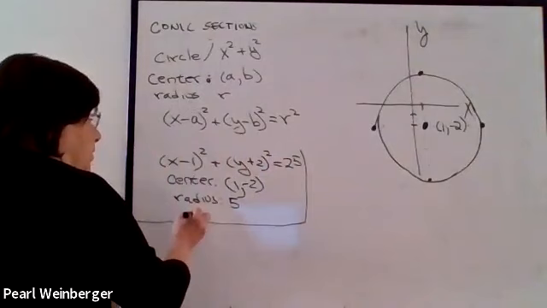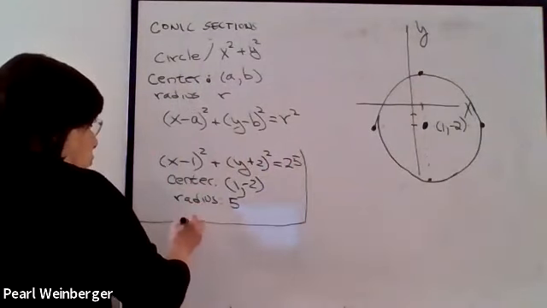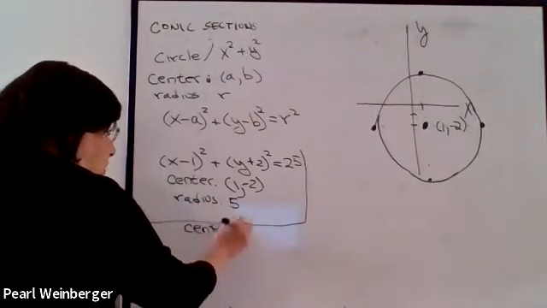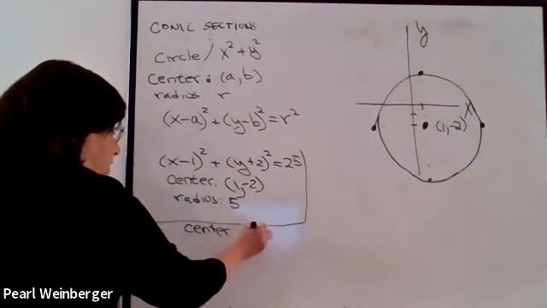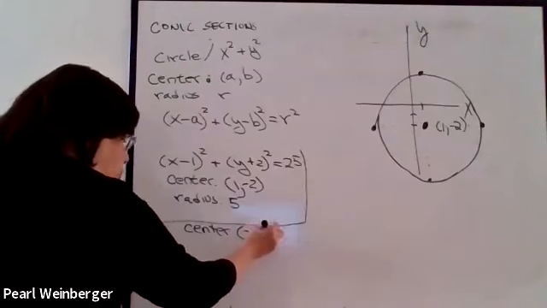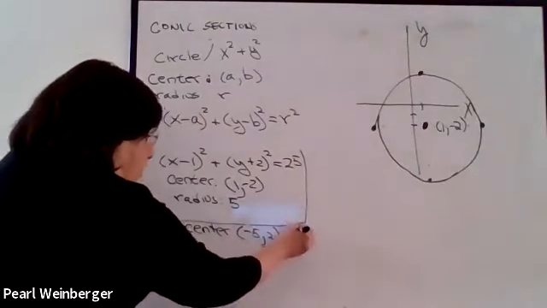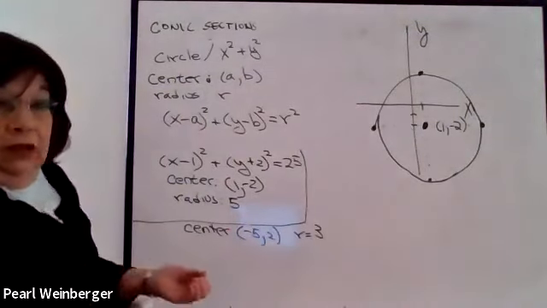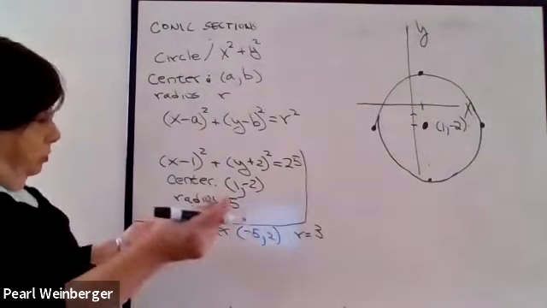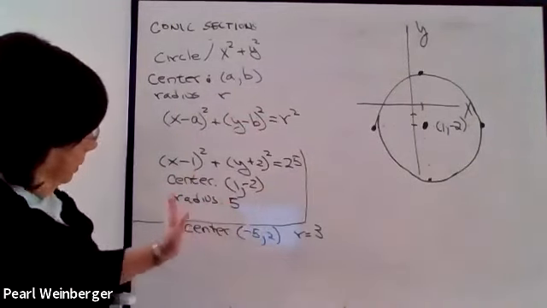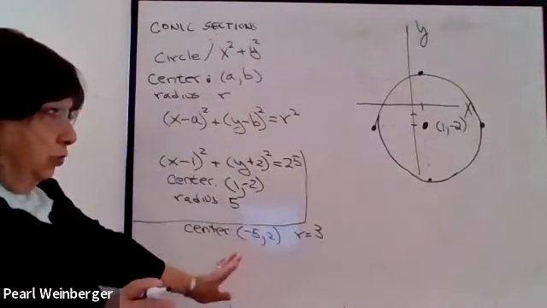Suppose I tell you that I have a circle whose center is the point -5, 2, and the radius is 3. I could tell you what the equation should be. First of all, I could certainly graph it because I could just go to my point -5, 2, and then count 3 in all 4 directions. So I can graph it.